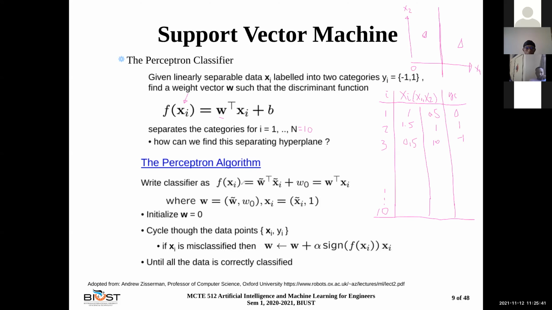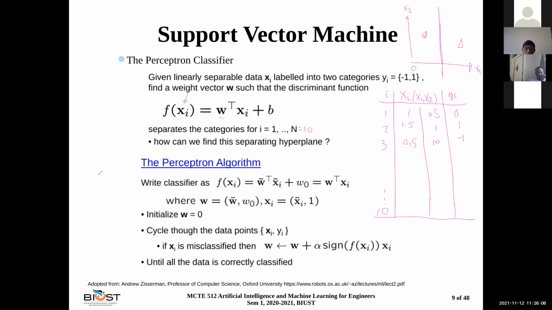Normally we say W consists of W1, W2, and your X consists of X1, X2.